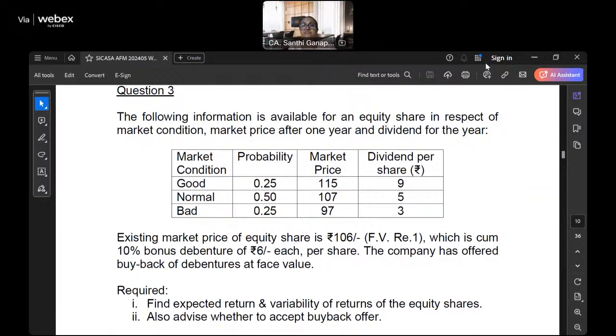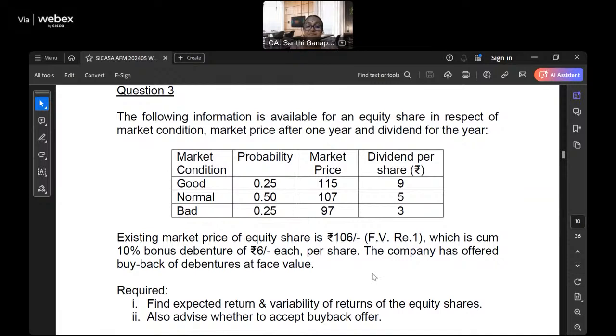Market price after 1 year and dividend. Market condition, 3 such conditions are given: good, normal, bad, probability, market price, what is the dividend per share that is given.